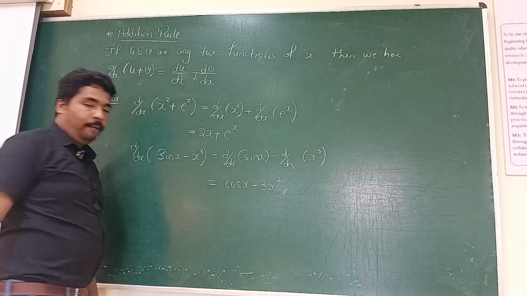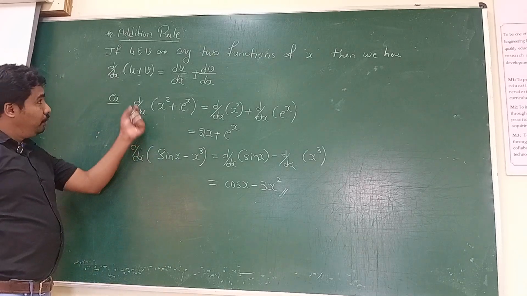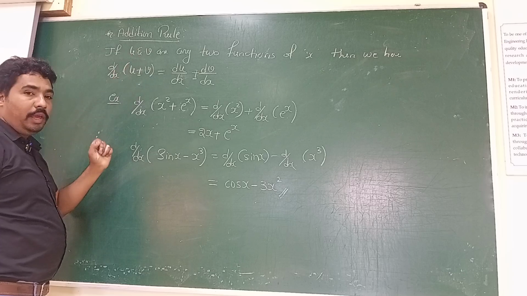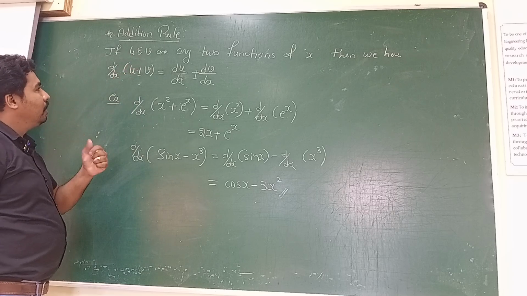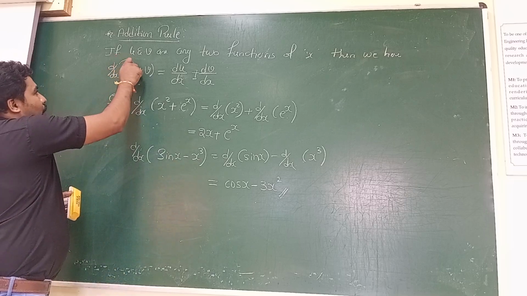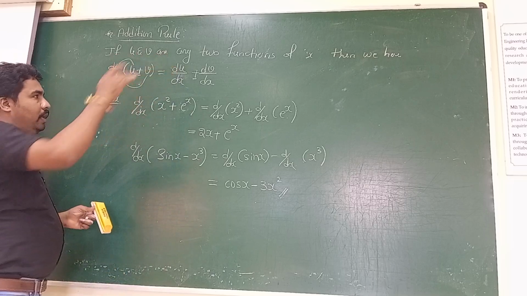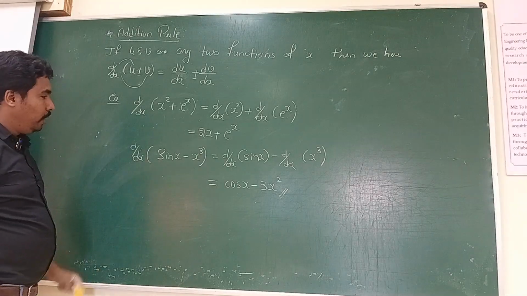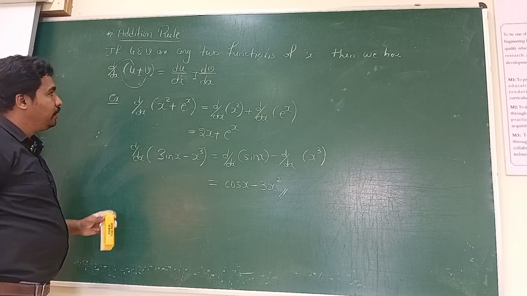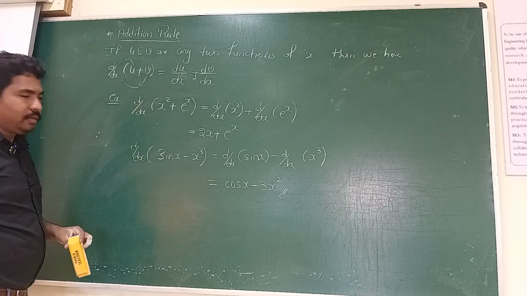So that is the answer. So what addition rule says: if we have any two functions u and v with addition or subtraction, then the differential operator is applicable for both u and v. It is also like the linearity property. Okay. So these are the examples with respect to addition or subtraction rule.